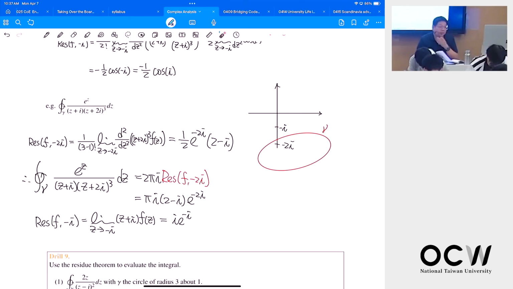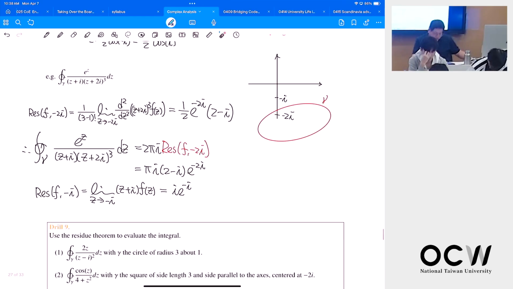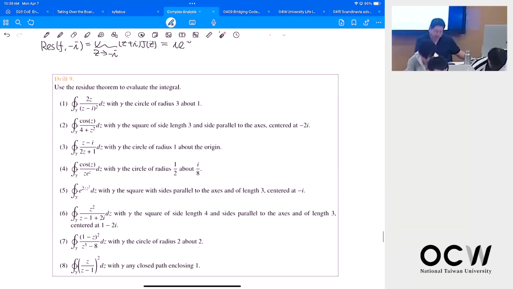Remember, this is from the Cauchy integral theorem. Okay, any questions for this? Then we have so many exercises that you can practice. Every time you see that my gamma is different, based on your gamma, you need to find the circular integration.